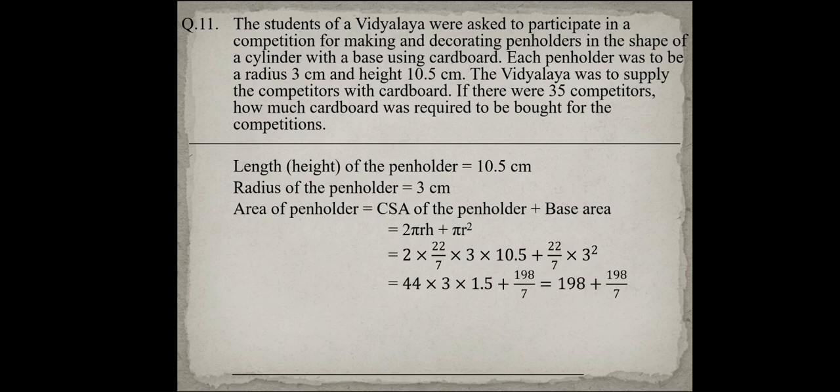By adding, we find out the total surface area of this pen holder, that is 1584 upon 7 centimeter square. Now this is the area of one pen holder. Now that Vidyalaya is supplying this to competitor with cardboard.